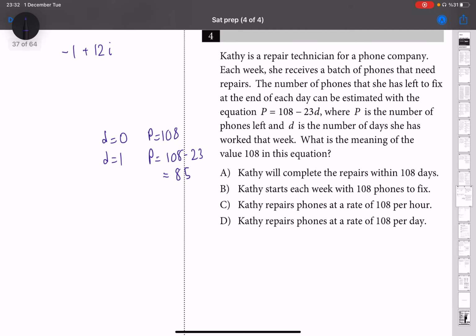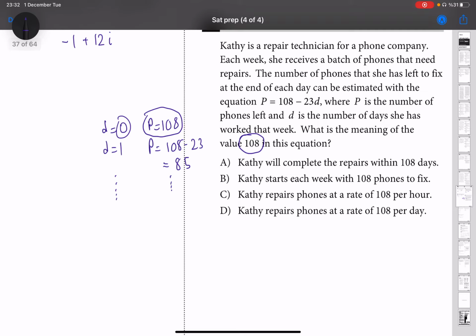We can understand from this that as days move on, the total number of phones is decreasing. So at day 0, she had 108 phones, and this is exactly what the question asked.